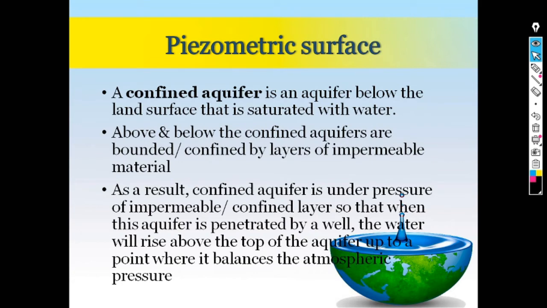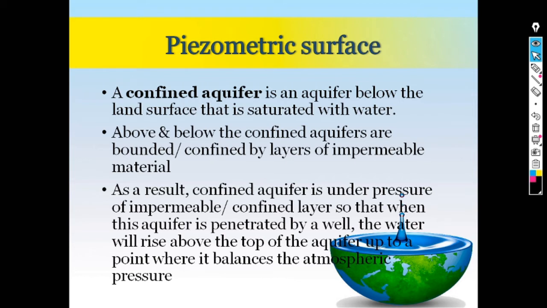Now let's discuss the piezometric surface. A confined aquifer is an aquifer below the land surface that is saturated with water. Above and below, the confined aquifer is bounded by layers of impermeable material.